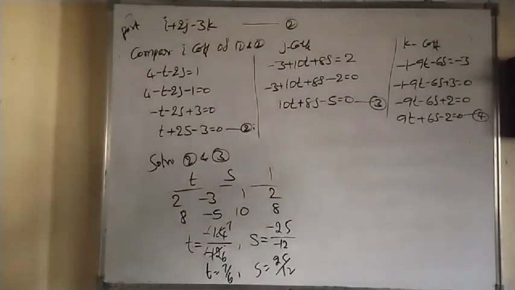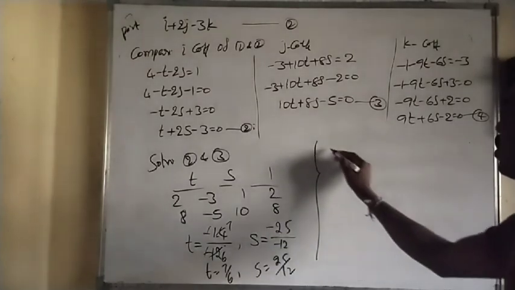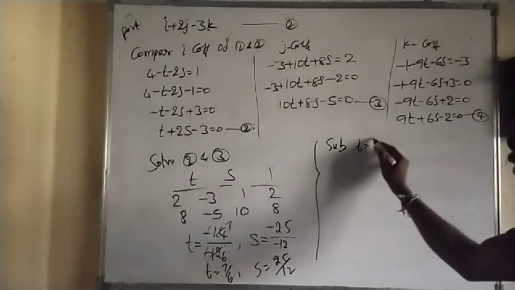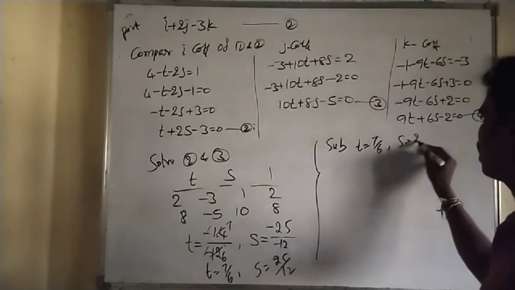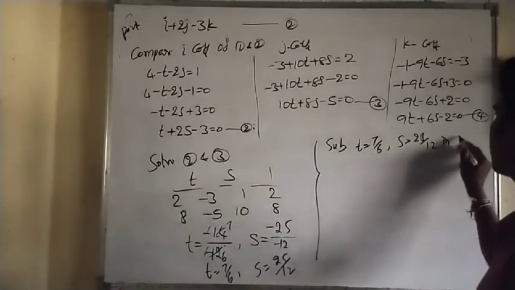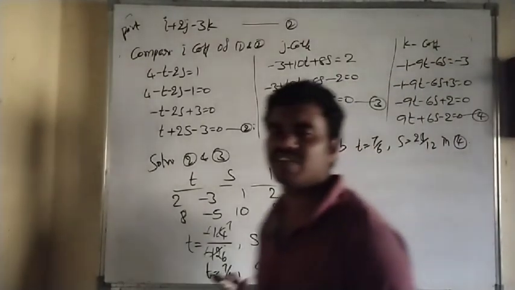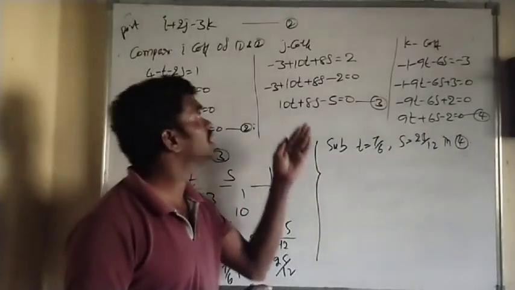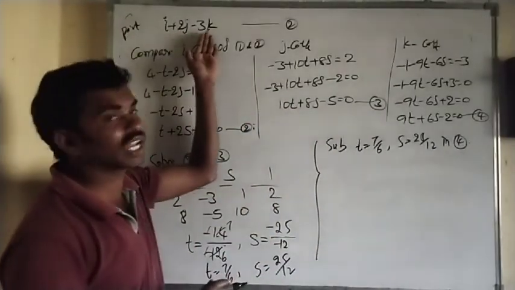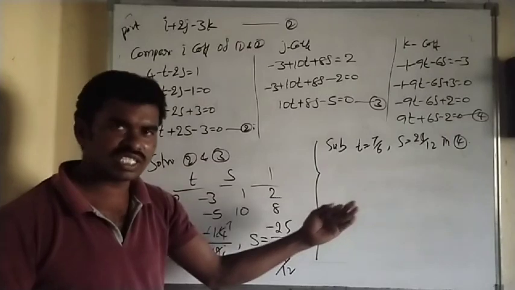These two values we should substitute. Substitute t equals 7 by 6 and s equals 25 by 12 in equation 4. If it satisfies equation 4, then we can say the point I plus 2j minus 3k lies on the plane, that is equation 1.